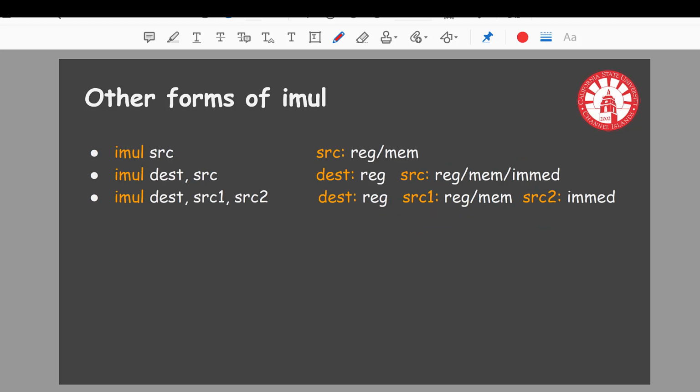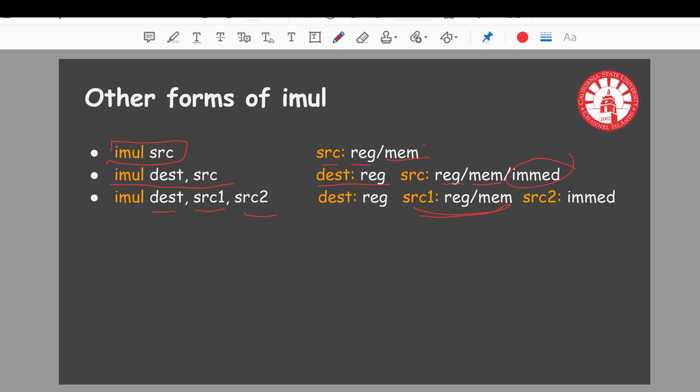The question is, what are the forms for source, destination, source 1, and source 2? If you use this form of multiplication, your source could be only a register or memory. And if you use this one, then your destination has to be a register, but your source could be a register, memory location, or some immediate value, like a number: 2, 3, 10, 100. And here, you have destination, source 1, and source 2.